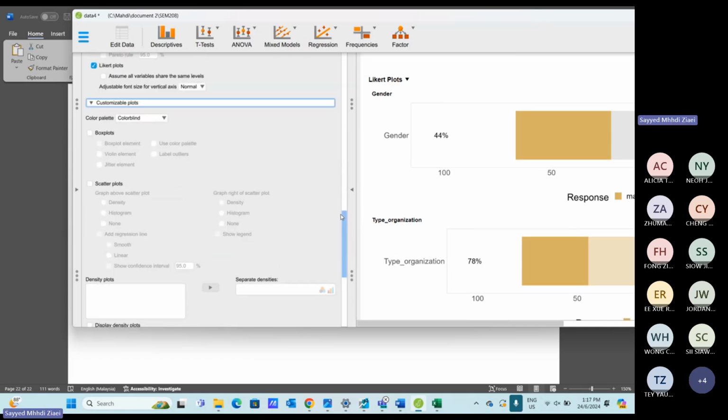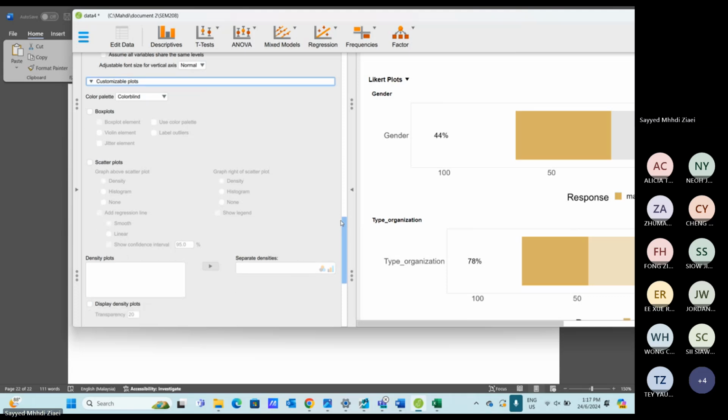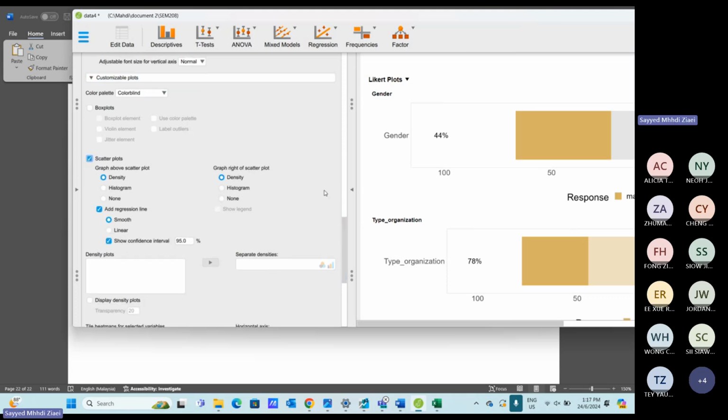Okay, so this one is for a scatter plot, if you want to have a scatter plot.